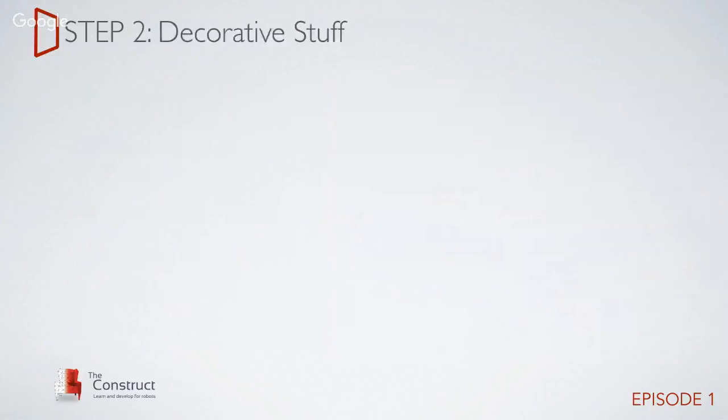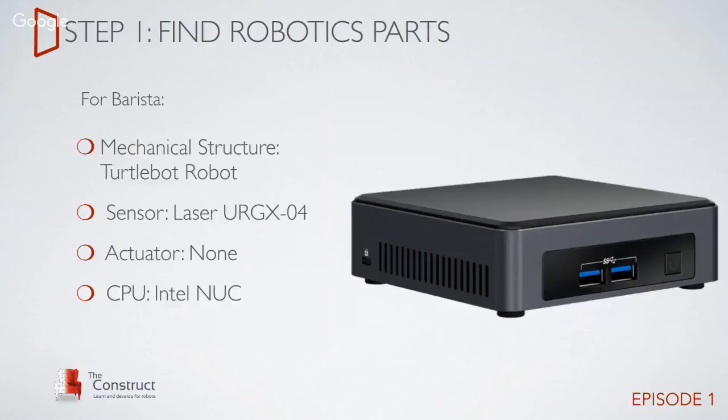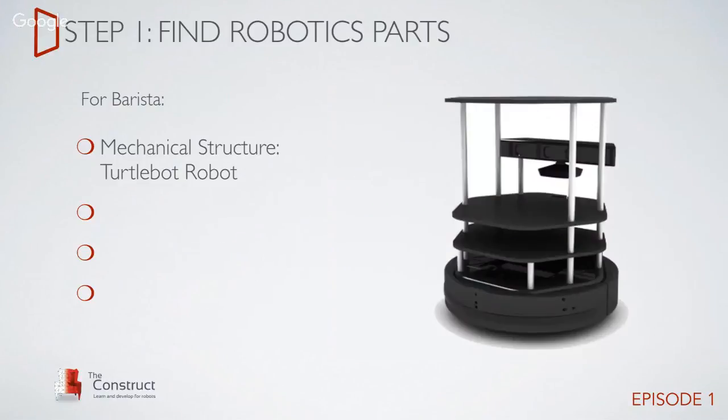And then the final one is the CPU. For the CPU, we decided to use an Intel NUC, that is a very small computer, and we put it inside the robot in a very short space, as you can see here, inside this area. So the computer can be located there without a problem.